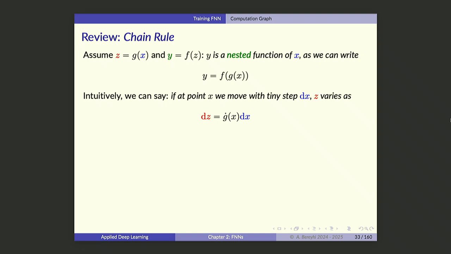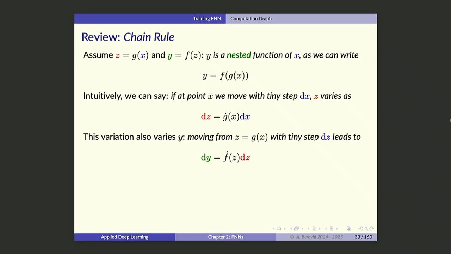Now, next thing, if I change in the second function, where y is a function of z, if I change z very slightly, dz, how is y going to change? It's going to be the derivative of that function f at point z times dz, right? So dy is going to be the derivative times dz, right?